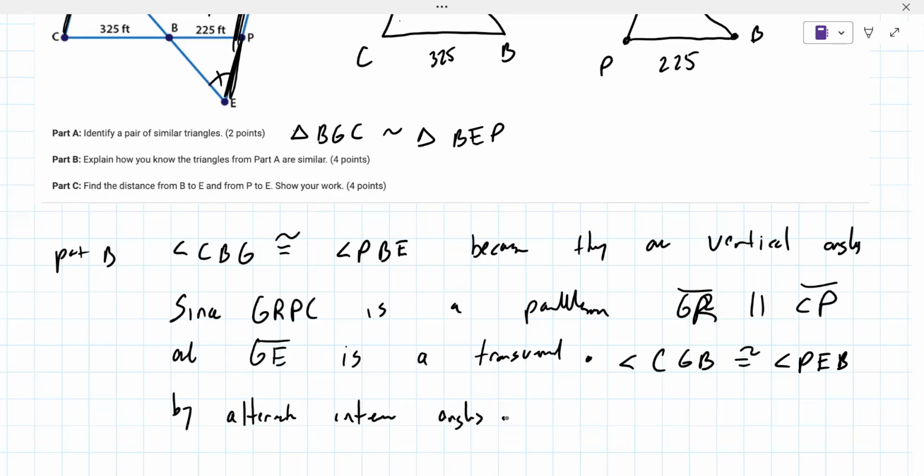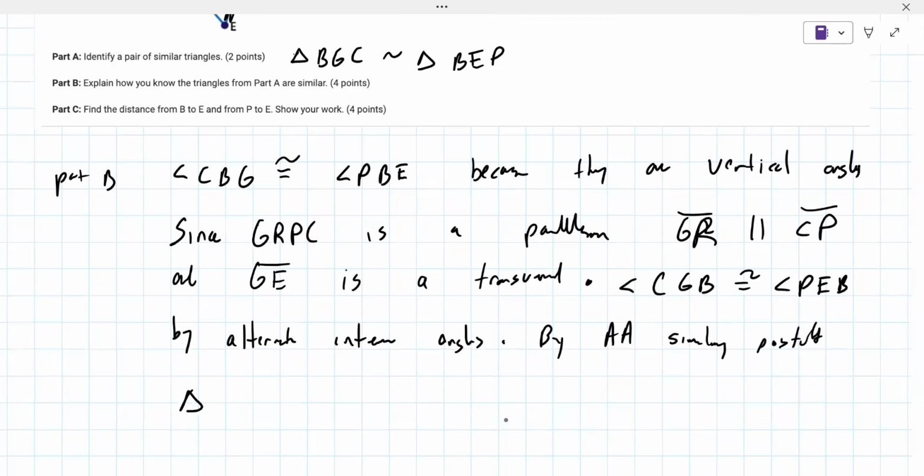All right, so now by AAA similarity postulate, you can say that triangle BGC is similar to triangle BEP. Is it similar to, yes, it's going to be similar to triangle BGP.